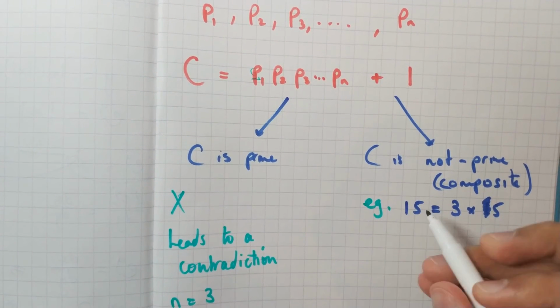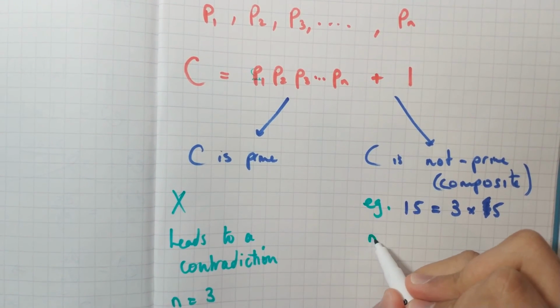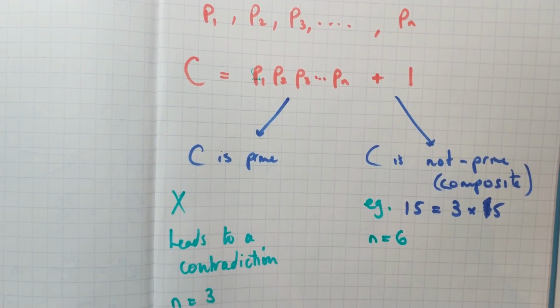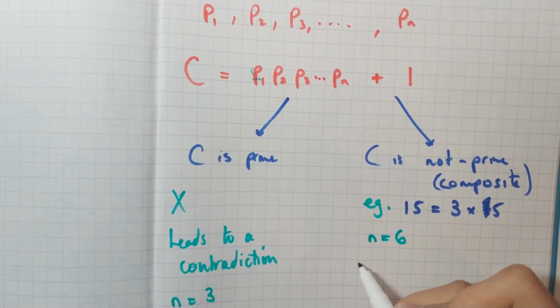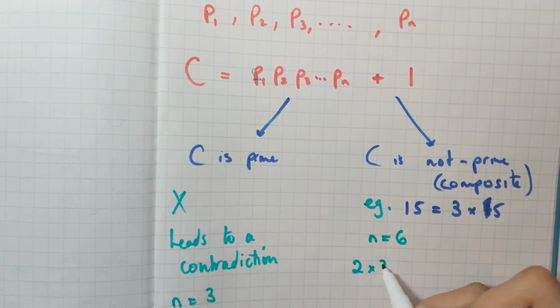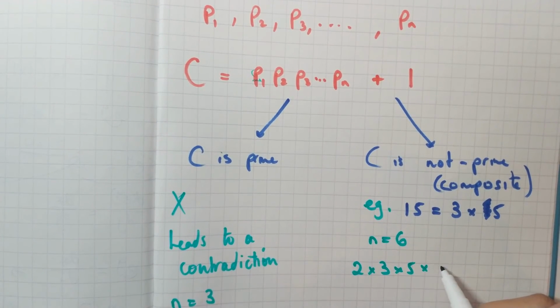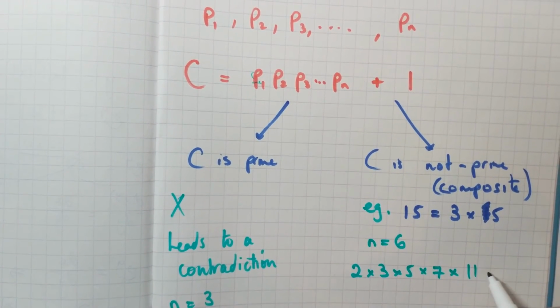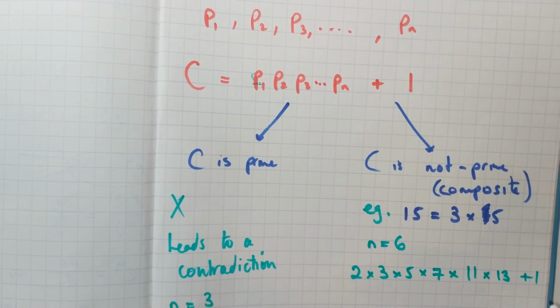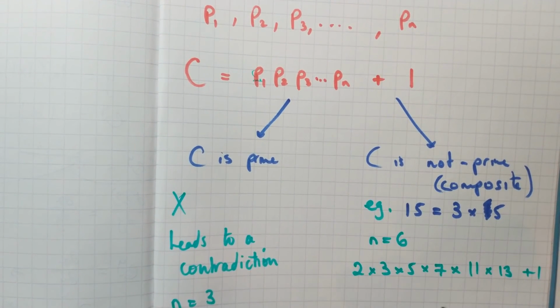To see this in action, let's have n equals 6. We get 2 times 3 times 5 times 7 times 11 times 13, plus 1. This is a really big number.